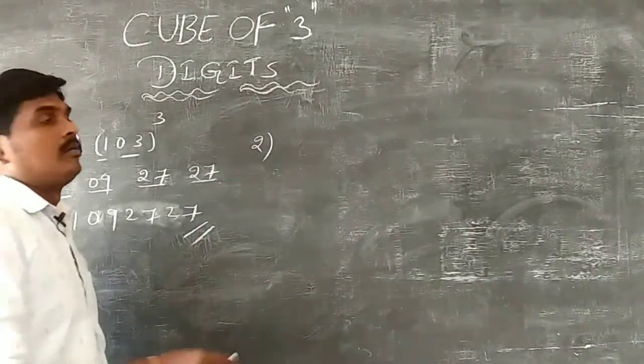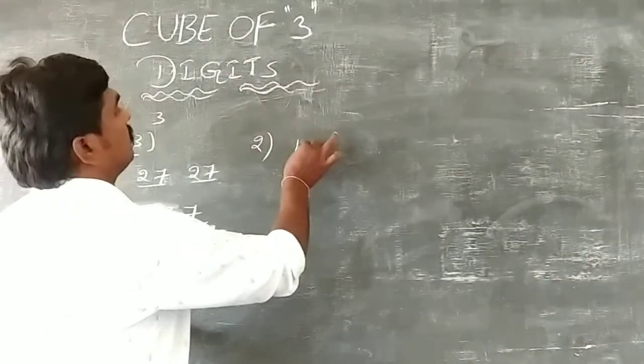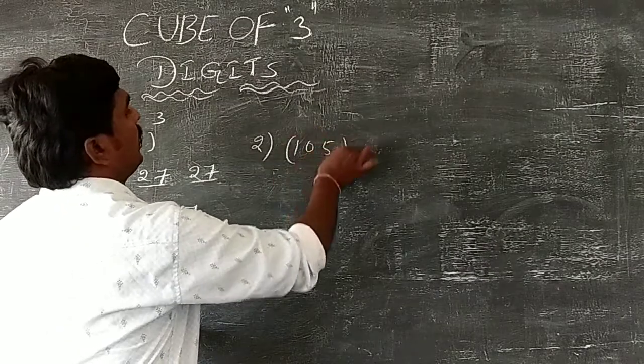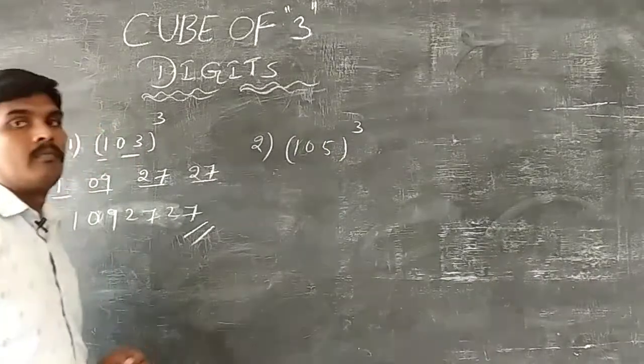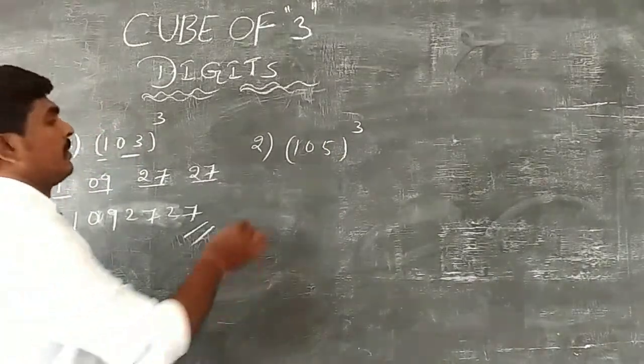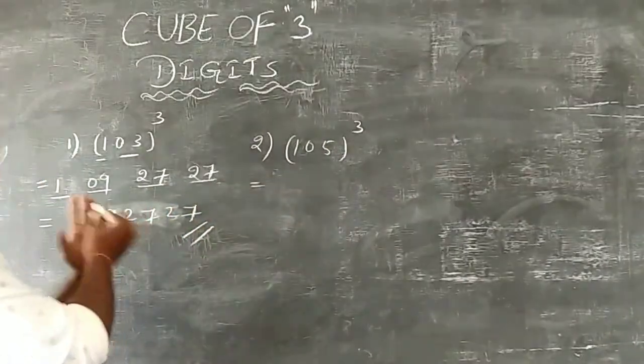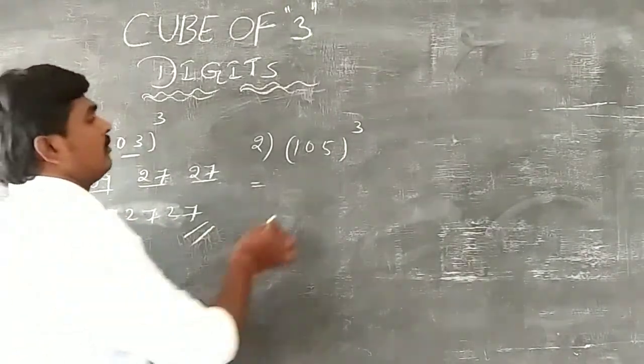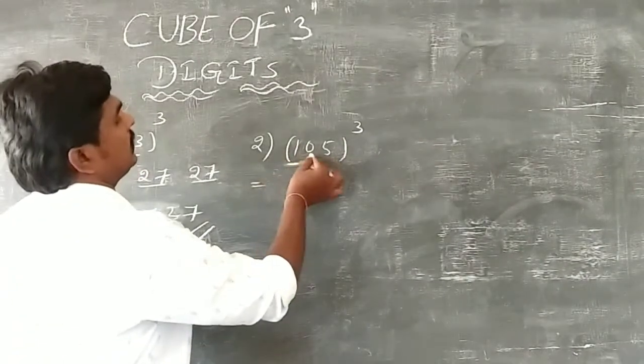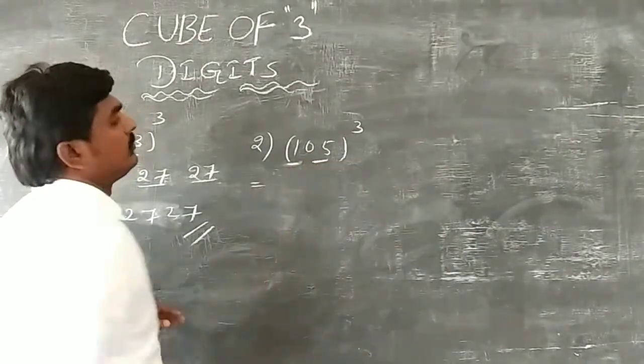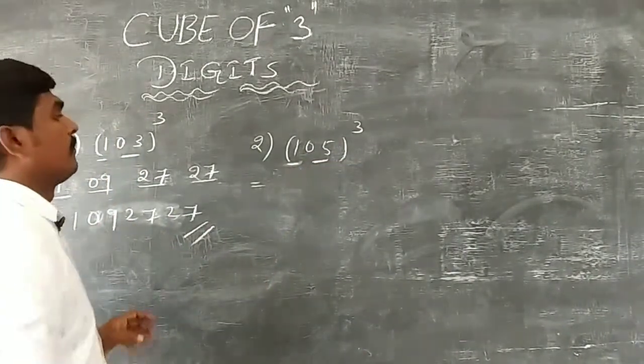That is 105 whole cube. How to find 105 whole cube? Same as the first one, here also this is 1 digit, and these 2 numbers make it as 1 digit.